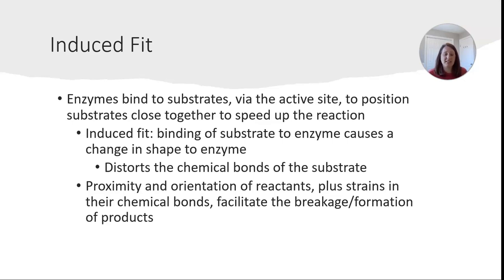Or, if it's a single reactant molecule, maybe the enzyme puts strain on the chemical bonds, causing them to break and products to be formed. The enzyme active site might also create the perfect little microenvironment, so there might be a slightly different pH inside of there. So there's a number of different ways, but overall, enzymes lower the energy of activation and they cause reactions to proceed at a faster rate.